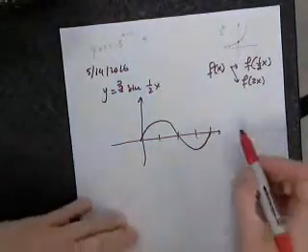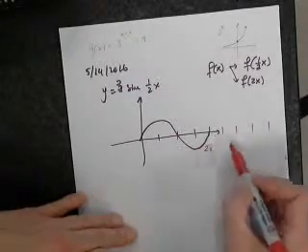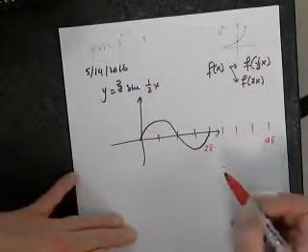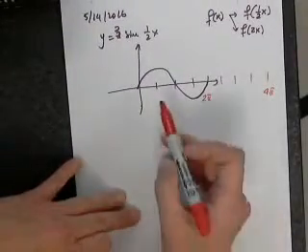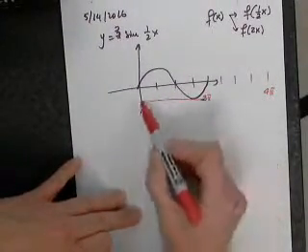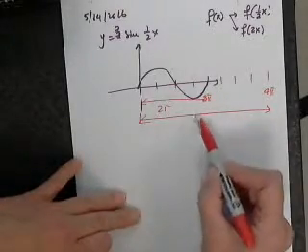So this is 2 pi and this is 4 pi. First of all, this was the initial period of 2 pi. Now this function will have a period of 4 pi.